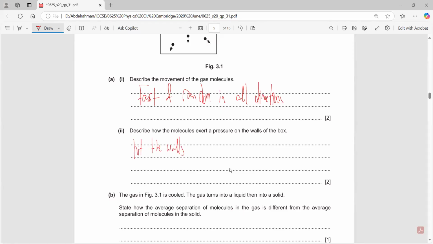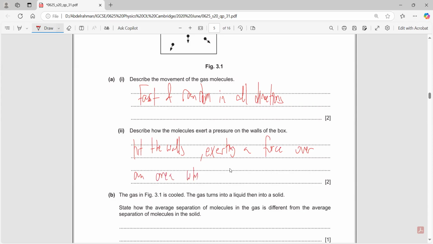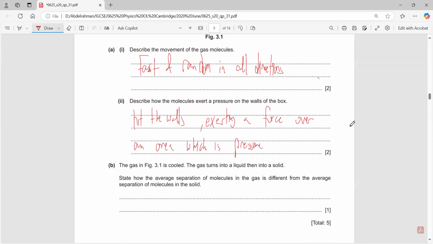As they hit the walls, they exert a force over an area, which is pressure.